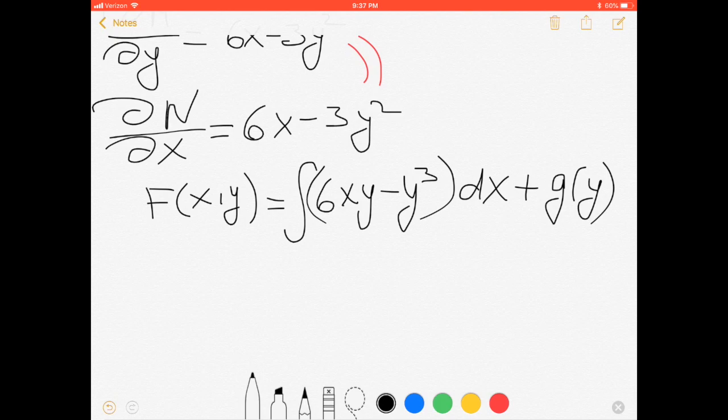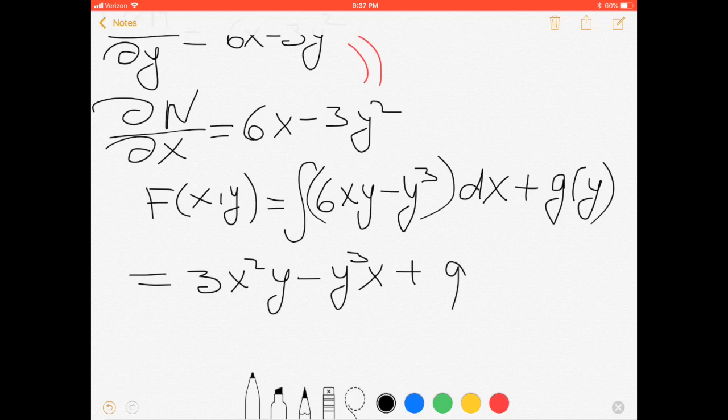Okay, what do we have here? Taking the antiderivative with respect to x, we have 3x squared y minus y cubed x, plus some function g(y).